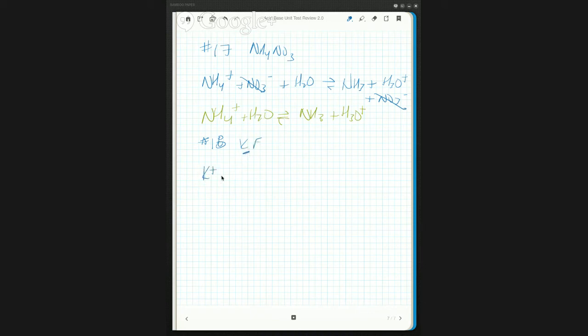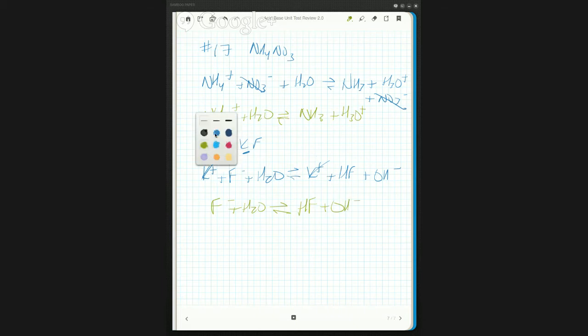So you get K plus F minus plus H2O gives you K plus HF plus OH minus. The K's go away. Your final answer in green is F minus plus H2O yields HF plus OH minus.